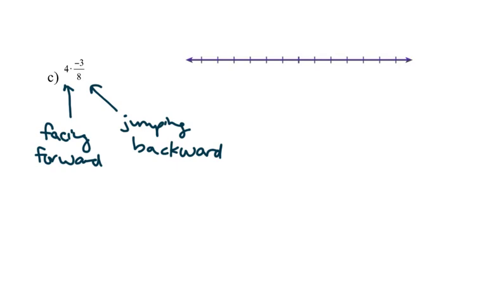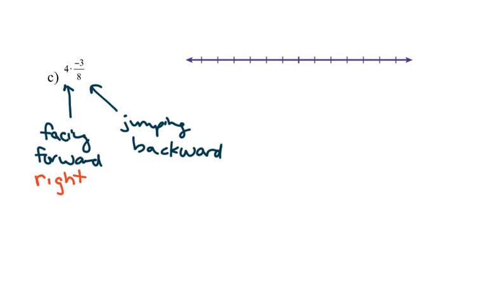We're facing forward and we're jumping backward. And what I mean by facing forward is we are facing the right, and we're jumping backward. So when we're jumping backward, we're going to be going toward the negative side.